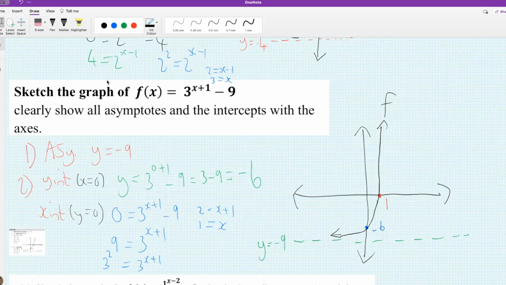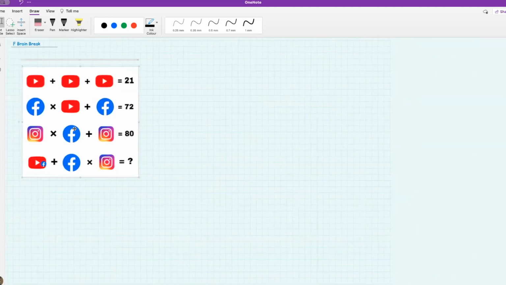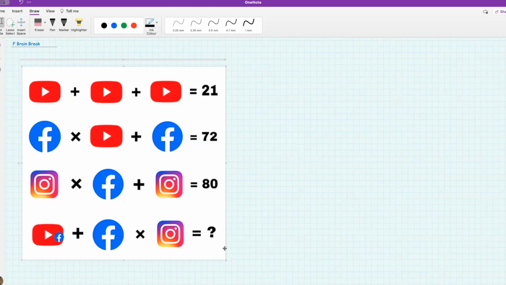And then let us do a little brain break question. And then we'll come back to this. So here is your social media puzzle for today. Tell me what YouTube plus Facebook times Instagram is equal to. Enlighten me to what you think the answer to this is.